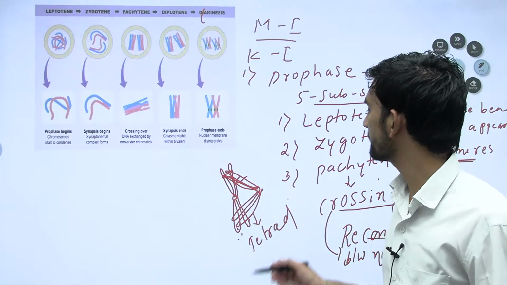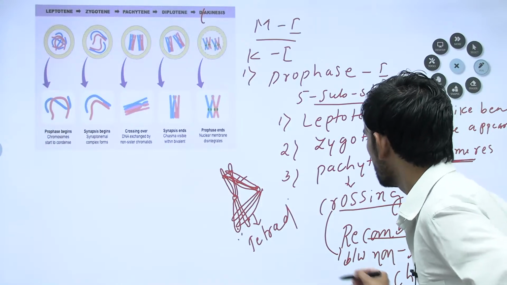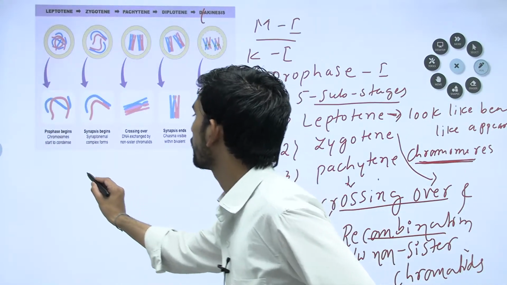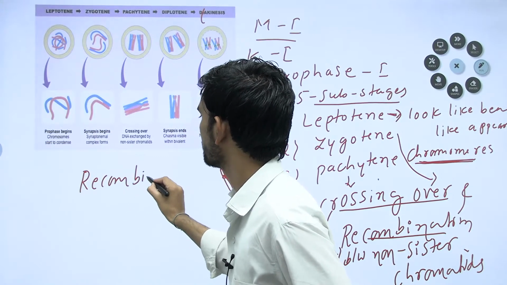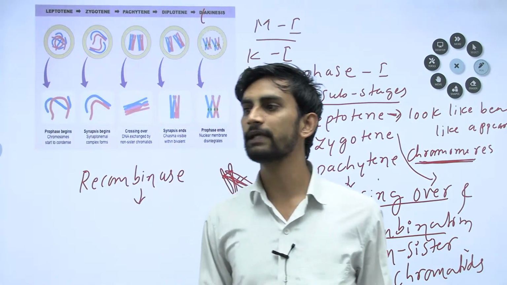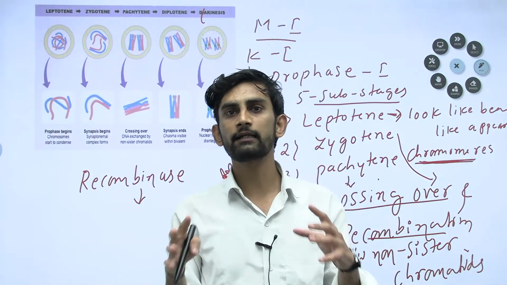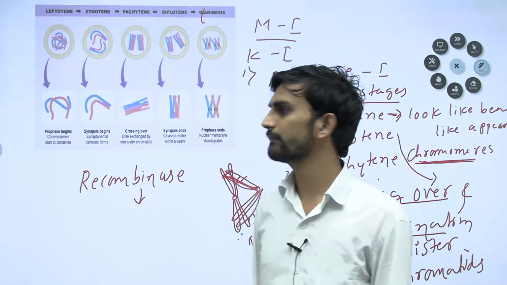What are the different enzymes involved in that breaking as well as rejoining? The enzyme is called recombinase. This enzyme is very important. This recombinase enzyme is involved in breaking during the exchange of the genetic material. For the crossing over process, this enzyme is essential.